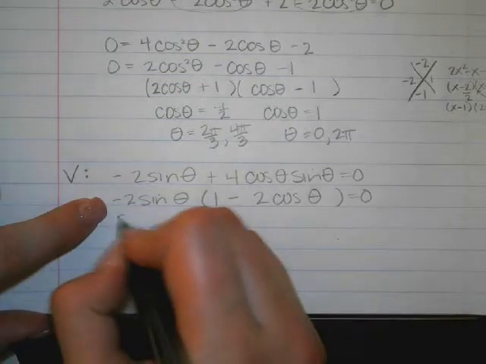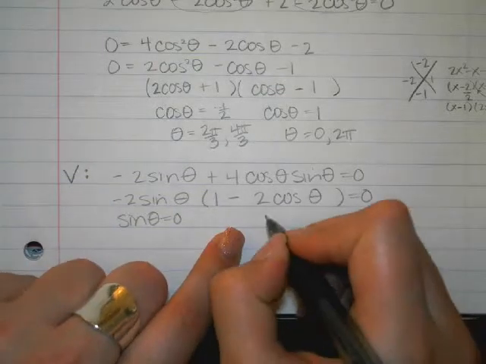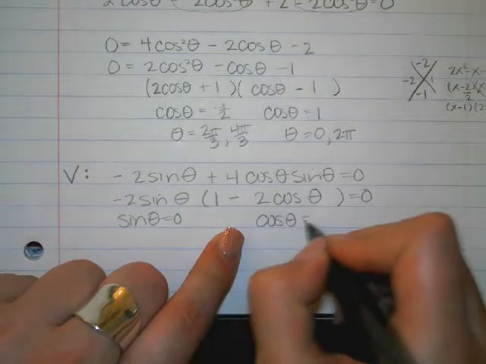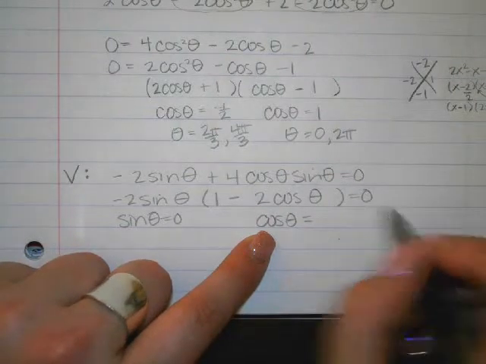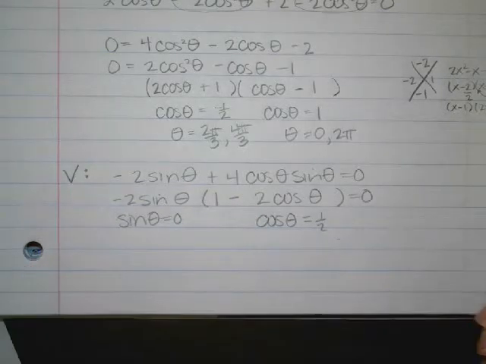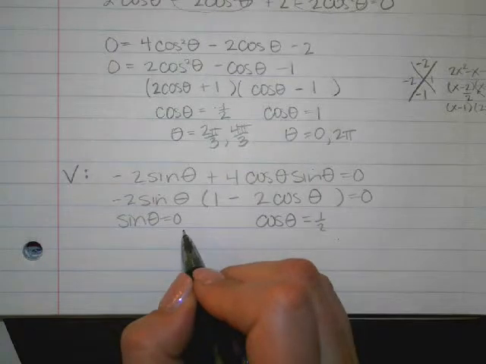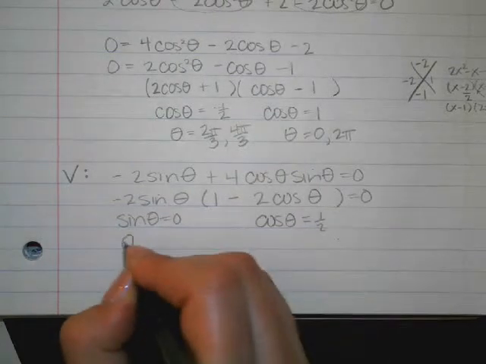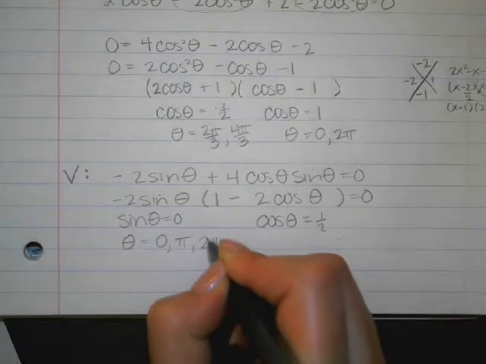So this one would be sine theta equals 0. This one would be cos theta equals 1/2, right? Because it'd be -1 divided by -2. Okay. So sine equals 0 at 0 and pi and 2 pi, right?